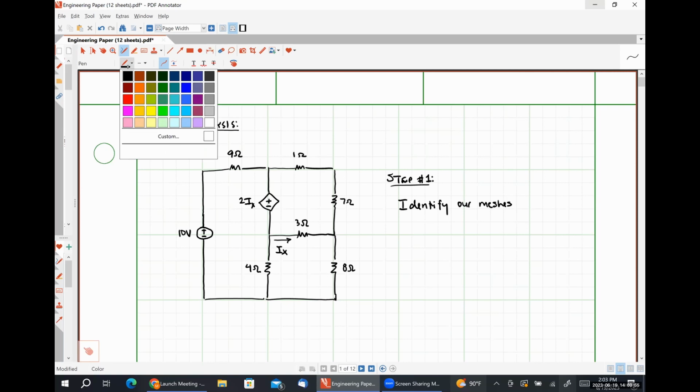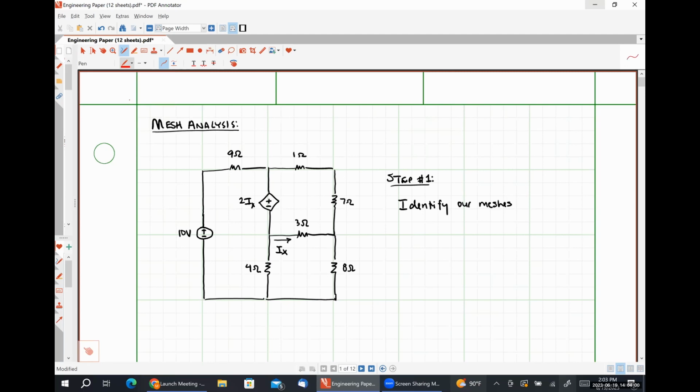So if you recall from our very first class meeting, a mesh is simply a loop that doesn't contain any smaller loops. So this particular circuit contains 3 meshes.